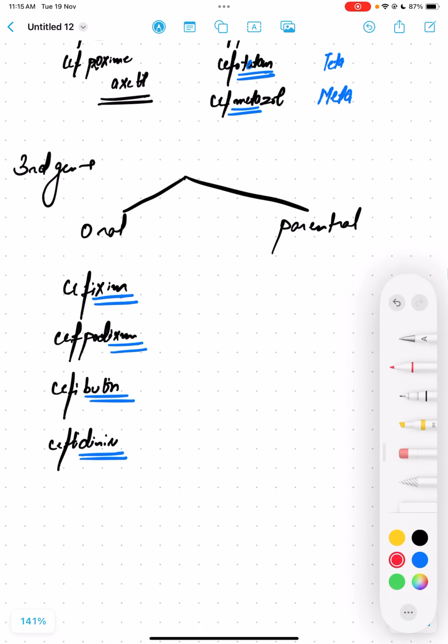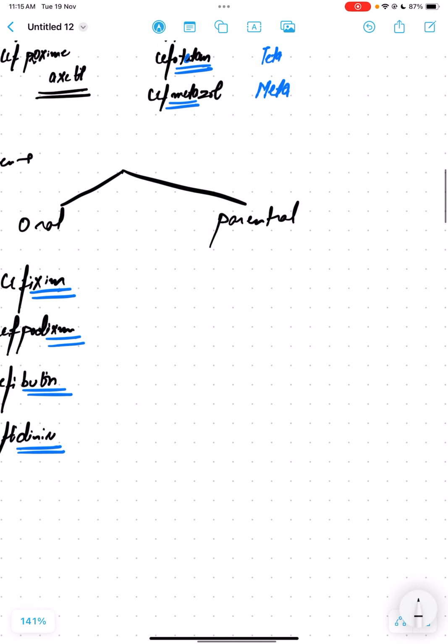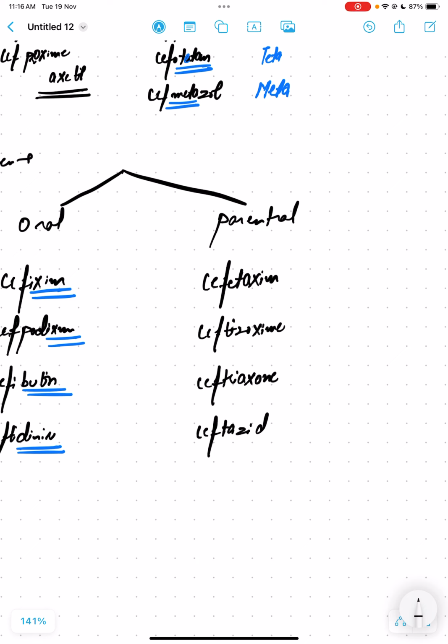Then we will study the parenteral. It involves cefotaxime, ceftizoxime, ceftriaxone, ceftazidime, and cefoperazone.